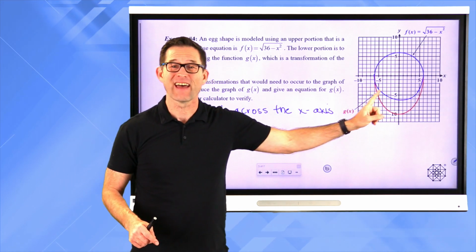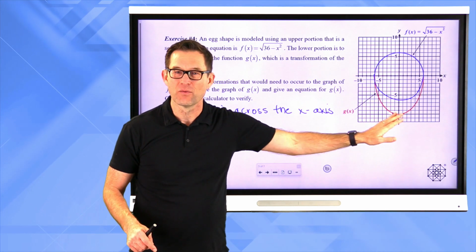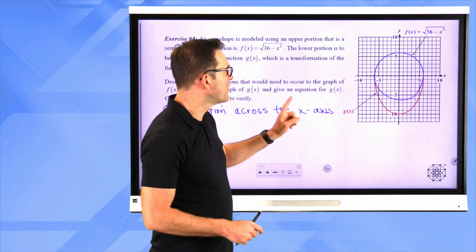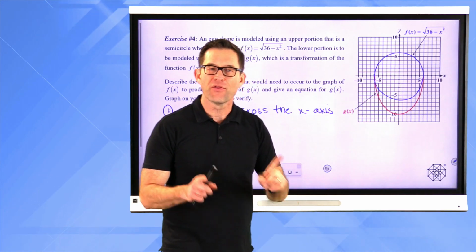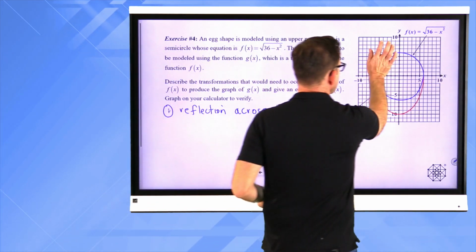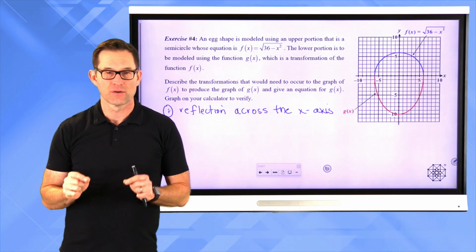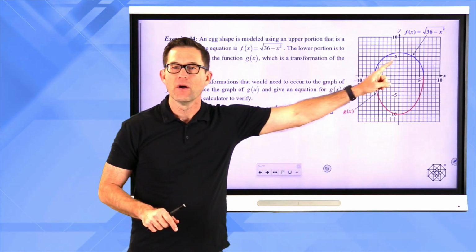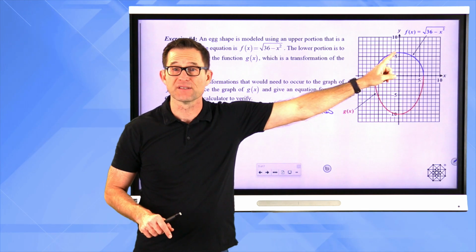Now, the question is, how do I take that and create the graph that's in red? Notice what's not changing are those x-intercepts. And the thing that won't change the x-intercepts, the zeros, will be a vertical stretch. Right now, this thing has a peak value 6 units away from the x-axis.